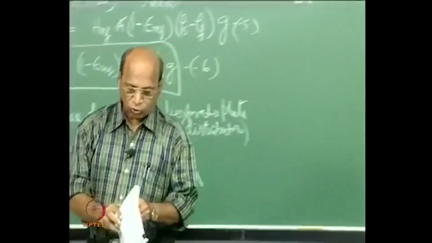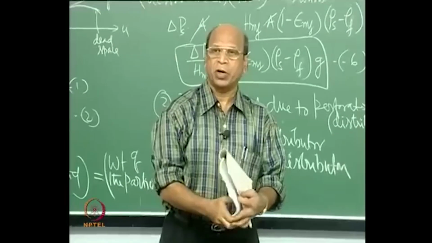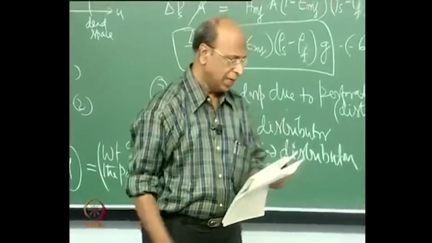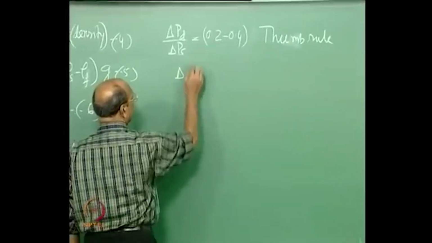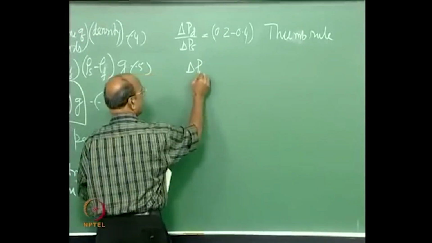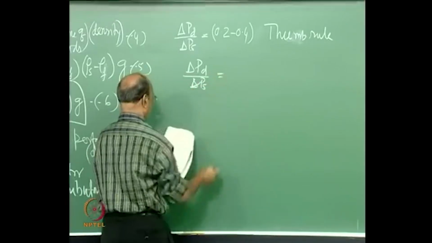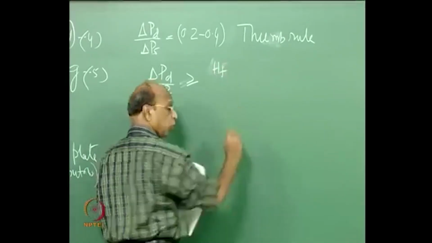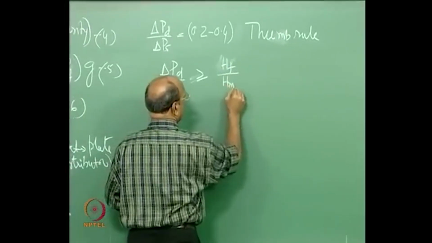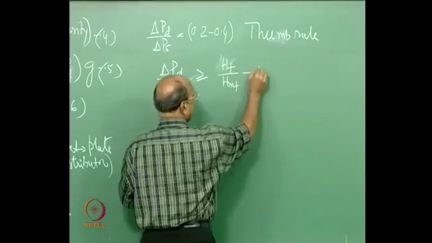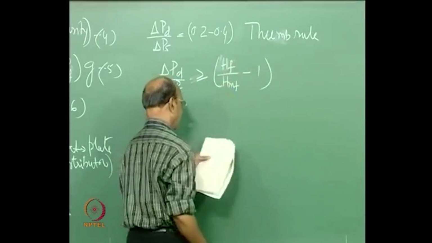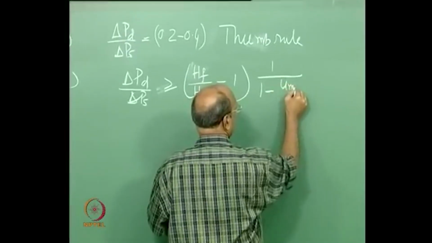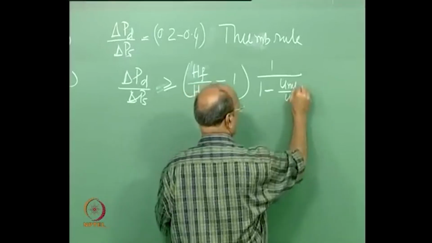This is general thumb rule, but I want to take you slightly away from this thumb rule also, because later people have used, again the derivation is there, but anyway I have also not seen that derivation, but that equation that is used now later, which also comes to this after under special conditions, delta Pd by delta Ps should be greater than or equal to Hf, height of the fluidized bed, divided by Hmf at minimum fluidization velocity, minus 1, into 1 minus umf by u naught to the power of n.